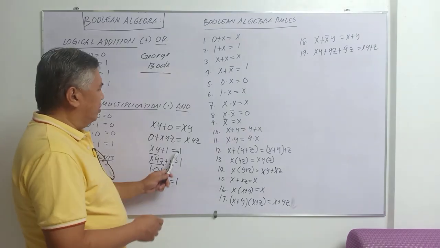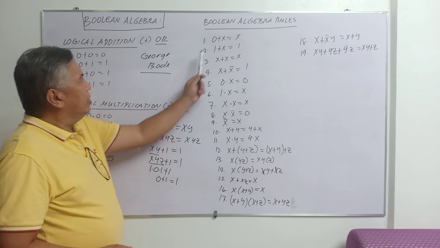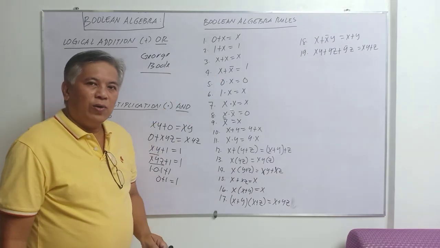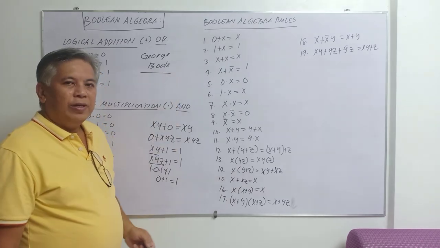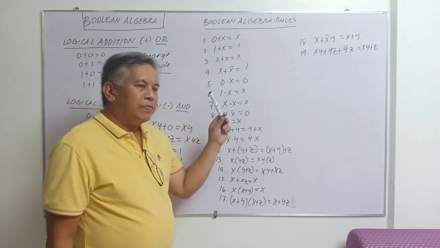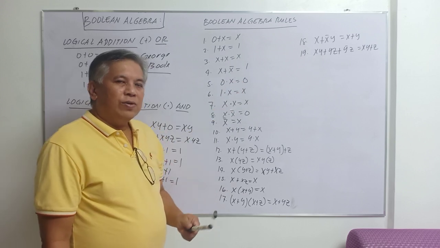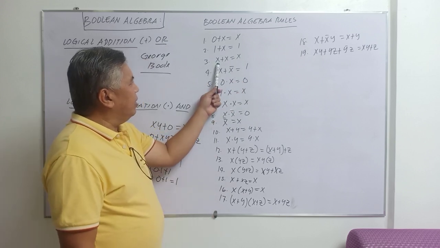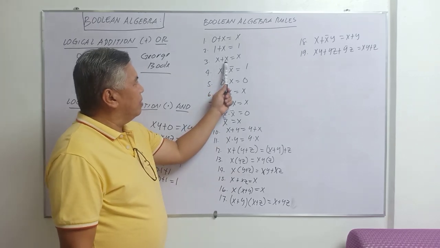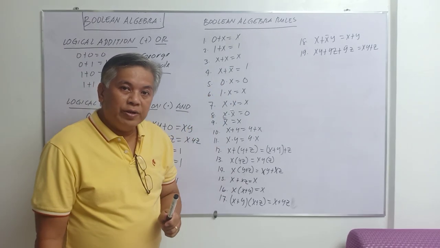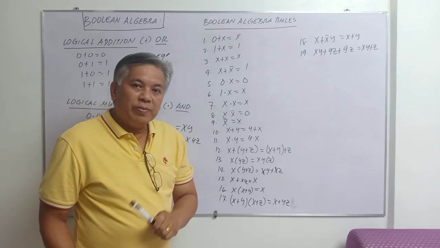We can also use this method in rule number 1. We can also use it in rule number 3. So what does rule number 3 mean? x plus x is equal to x. Meaning, a variable or variables added to the same variable or variables is equal to that variable or variables.